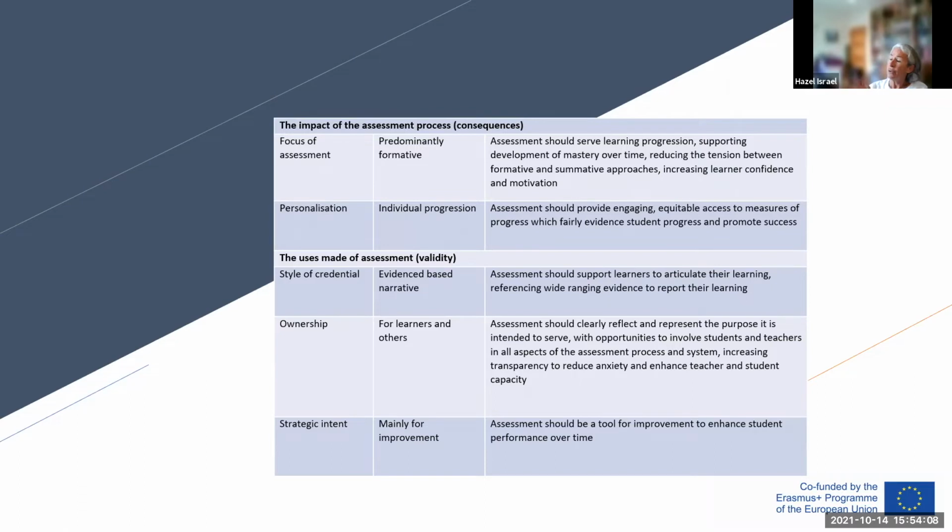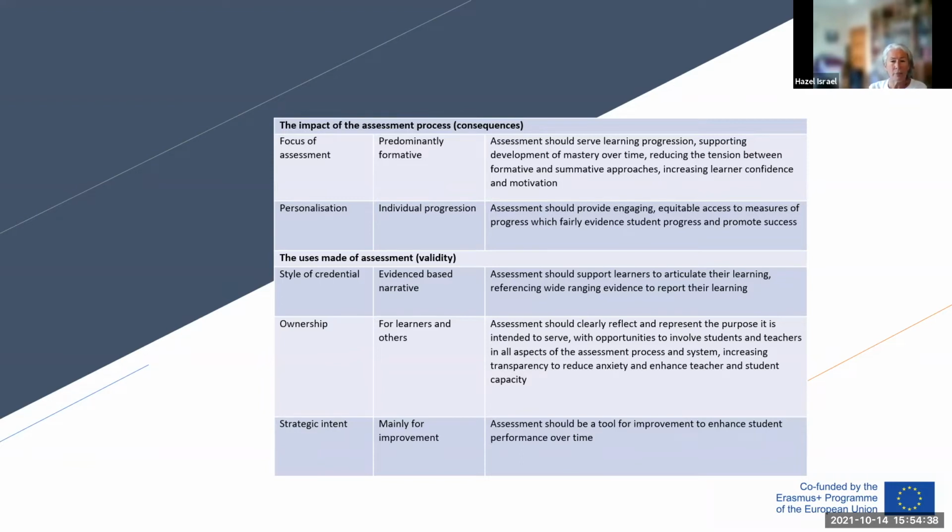So in terms of the uses made of assessment then, and the style of credentials, we want evidence-based narratives. Assessment should support learners to express and articulate their learning, referencing wide-ranging, multimodal evidence to support and report it. In our group, we mentioned that students in traditional academic assessment are very passive.